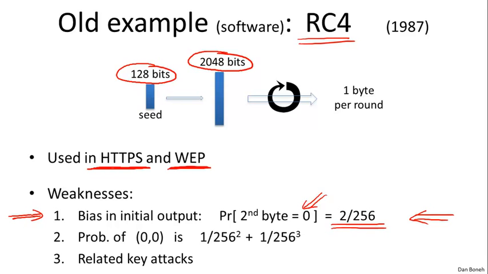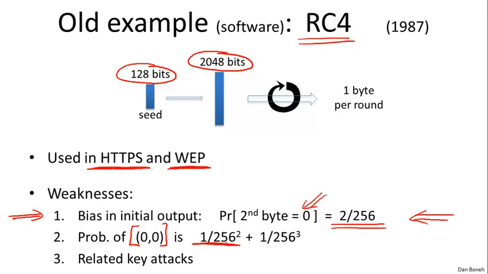The second attack that was discovered is that in fact, if you look at a very long output of RC4, it so happens that you're more likely to get the sequence 00. In other words, you're more likely to get 16 bits, 2 bytes of 00 than you should. Again, if RC4 was completely random, the probability of seeing 00 would be exactly 1 over 256 squared.